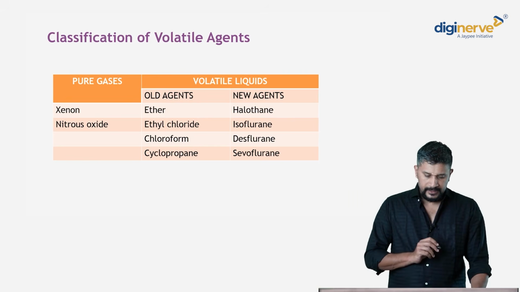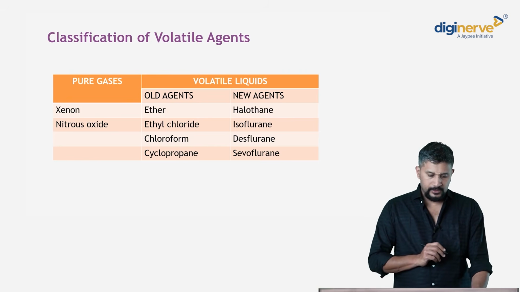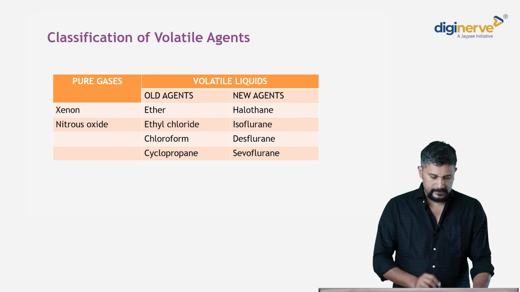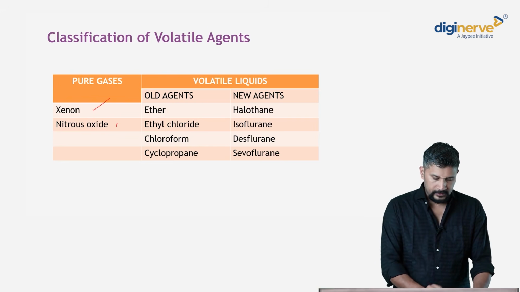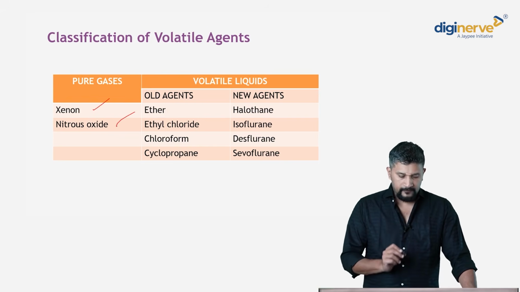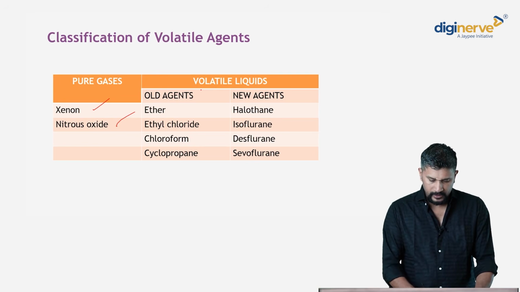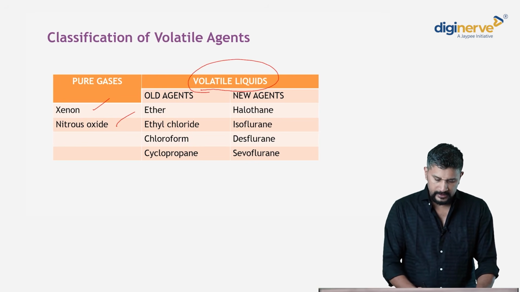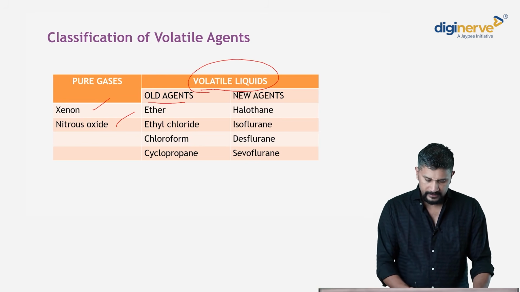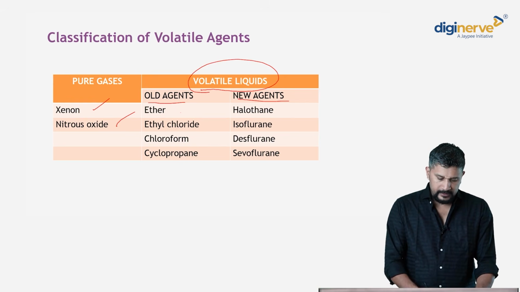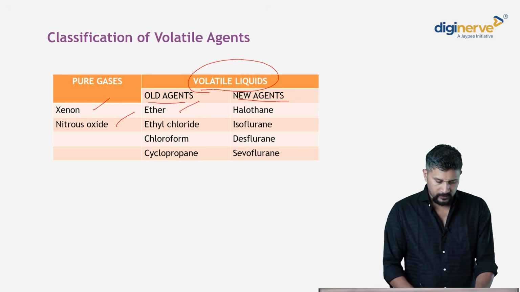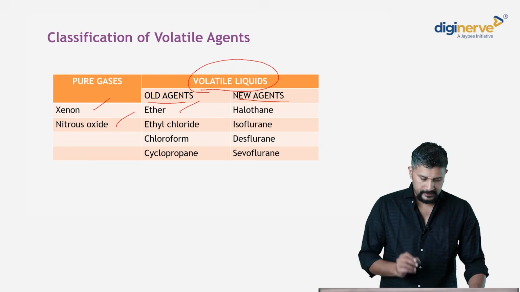Now, coming to classification of your volatile agents, you can either have pure gases such as xenon and nitrous oxide, or you can have volatile liquids. These volatile liquids, again, you have the older generation ones and the newer generation ones. The older agents being ether, and of course, most of these are for historical interest.